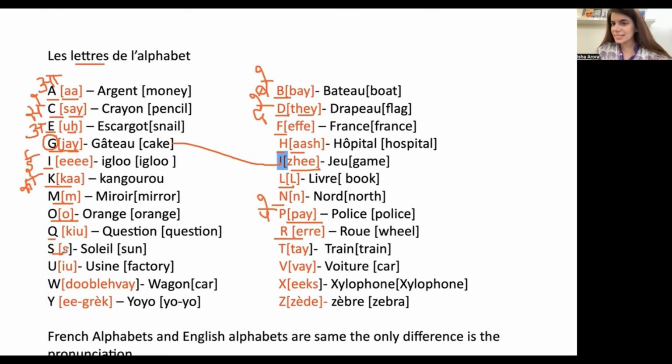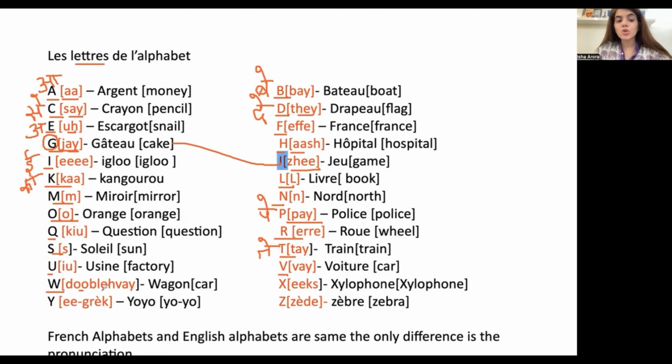S is S, c'est le même, it's the same. Now, T is T, T, T. U is U, U, U. V is way, way.